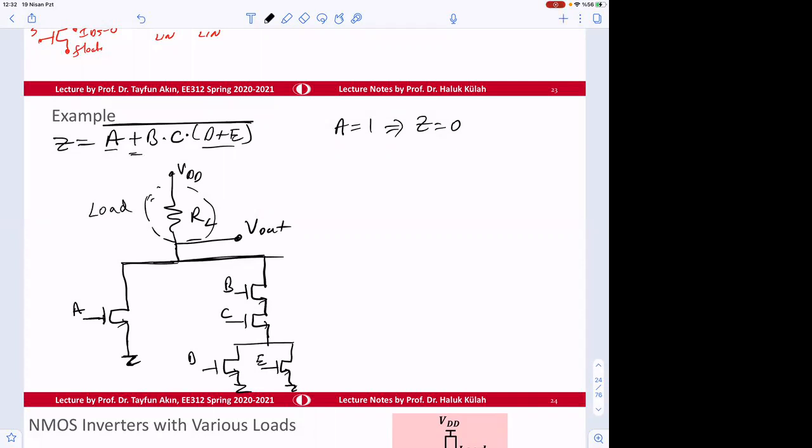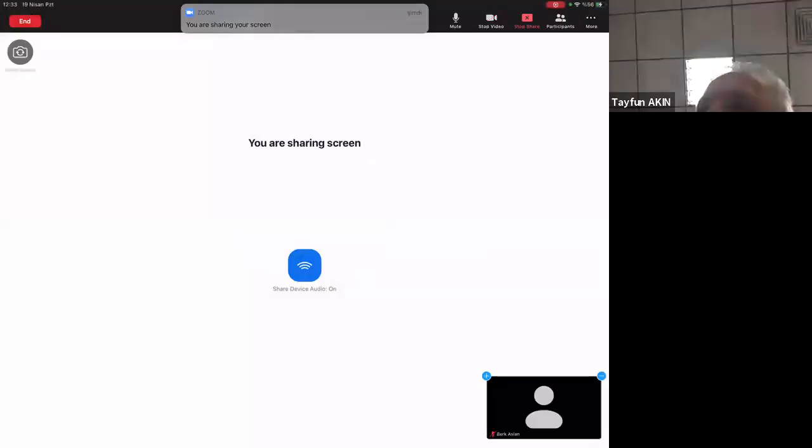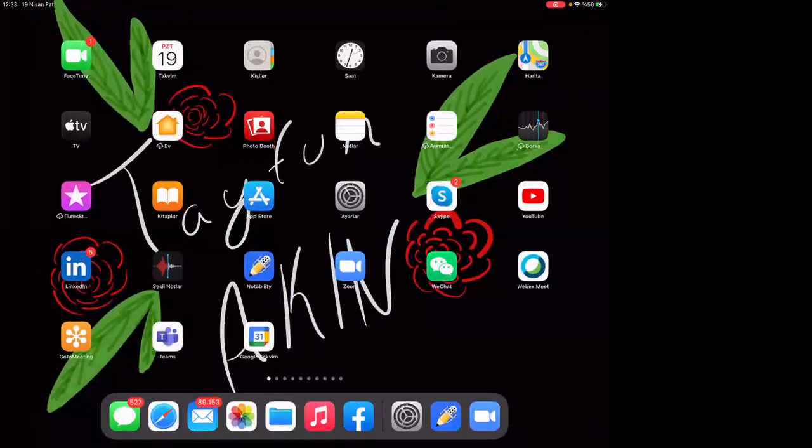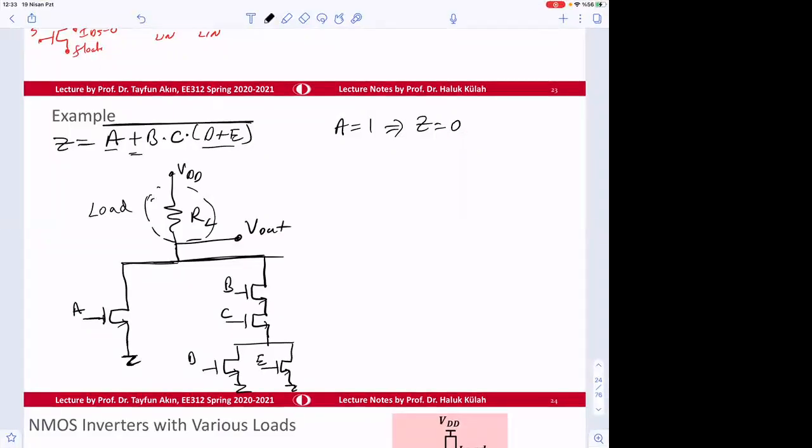So I'm stopping here. Hocam bir şey sorabilir miyim orada? Yes, sorry. Sağ alttaki DE NOR olmadı mı? Did I make a mistake here? Yok hayır, sağ alttaki DE OR olması gerekmiyor muydu?